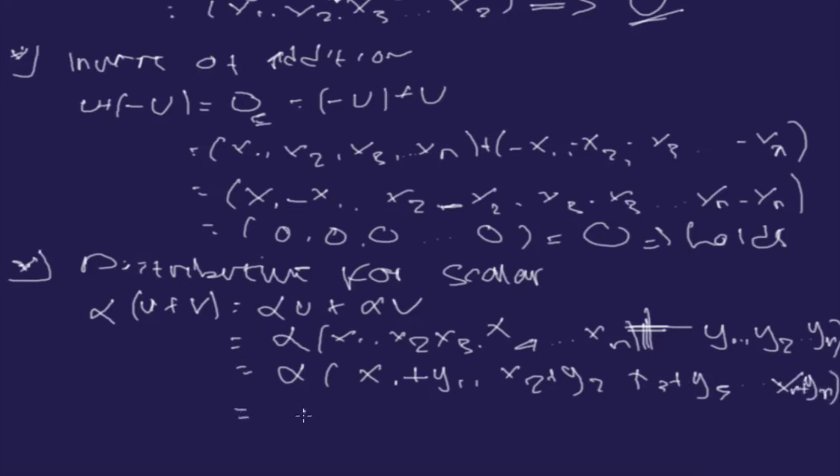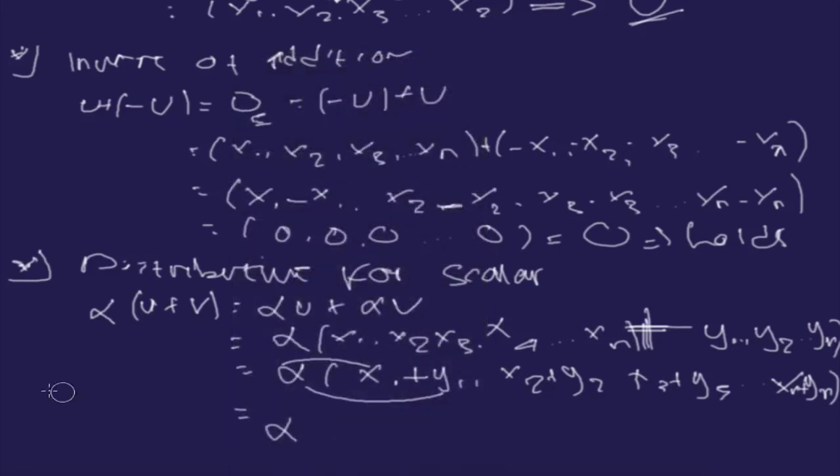So you can multiply this. You can multiply this: alpha x1 plus alpha y1.